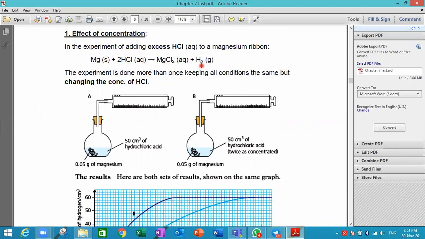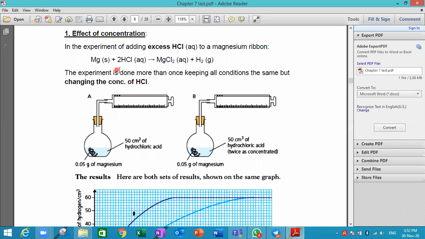Now, in this experiment, we are going to see what the effect of concentration is. Of course, magnesium is a solid, so it has no concentration. But as hydrochloric acid is an aqueous solution, we can prepare it in different concentrations.